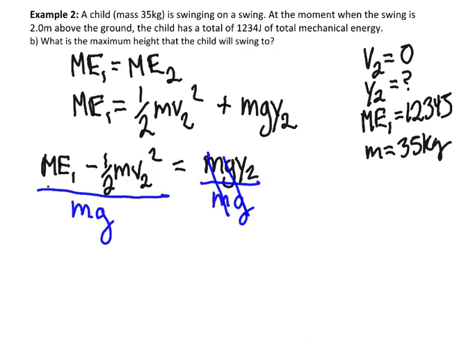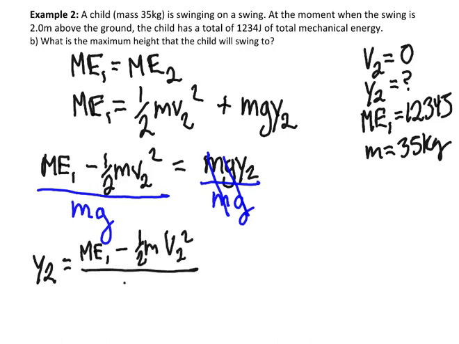There's no mass in the mechanical energy term here. So we can't cancel mass out. But we can plug all our numbers in because we actually have all the numbers here. y2 is ME1 minus a half m v2 squared over m g.